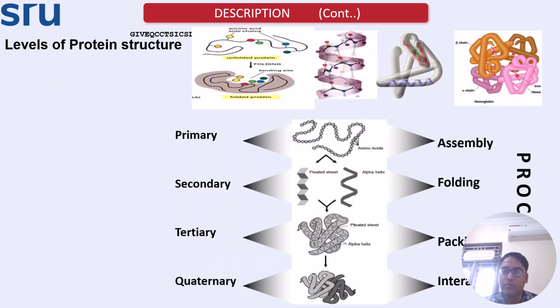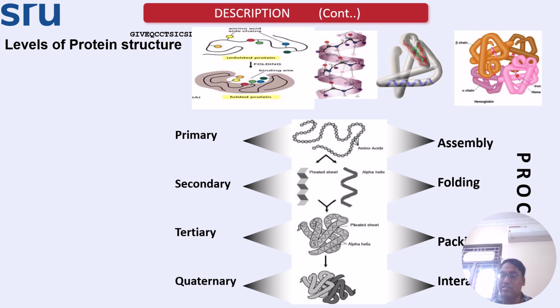See here. As we all know, these are the levels of protein structure. Why I'm putting it here is just because many of you may not remember it properly. So primary means primary sequence, the basic peptide sequence, basic protein sequence. When it's forming an alpha helix or beta sheet, it's termed secondary.